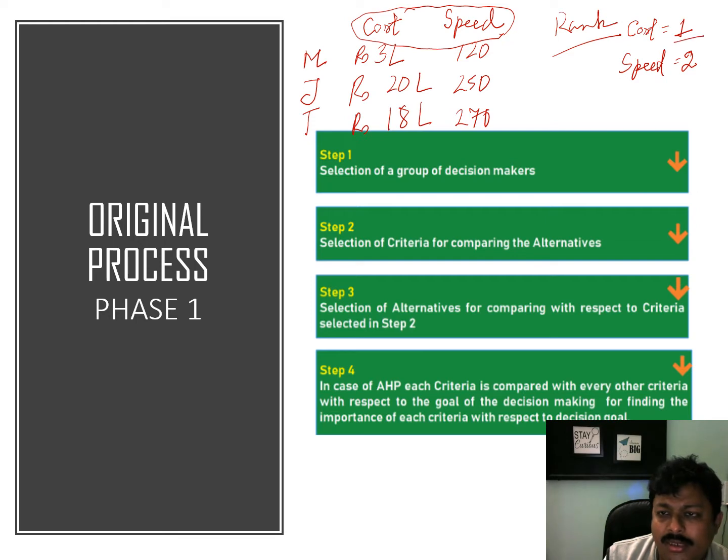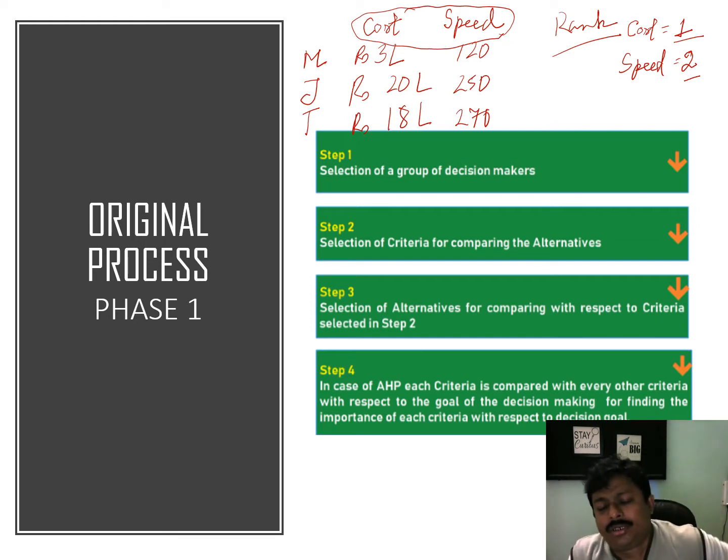Cost will have the highest preference rank, followed by speed. Now, rank cannot show the importance of the criteria in a proportionate manner.